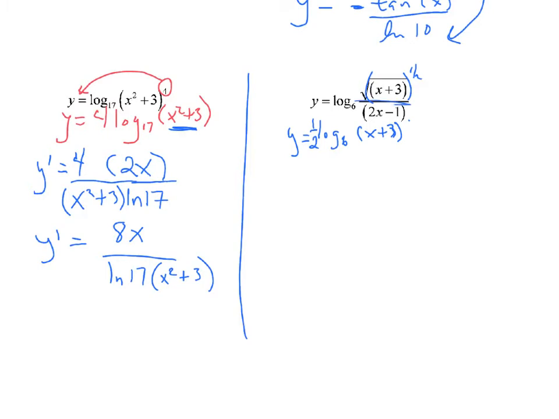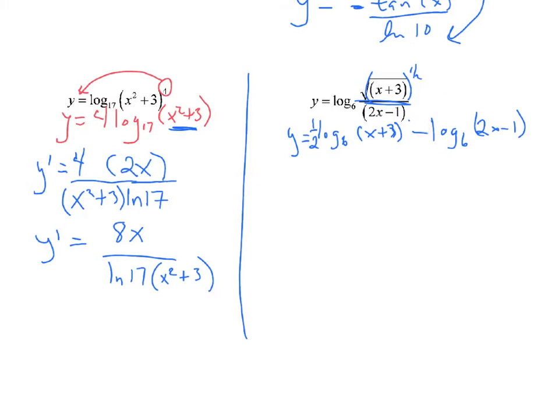And then because it's division, I'm going to subtract log base 6 of 2x minus 1. And that guy didn't have an exponent, so there's no exponent there to bring down in front, so I don't have to.